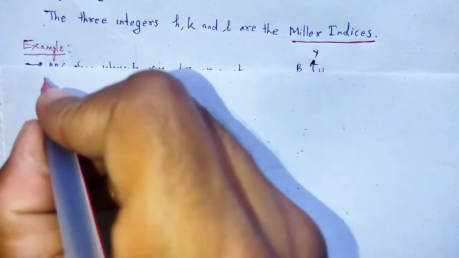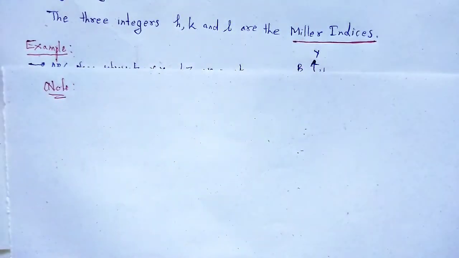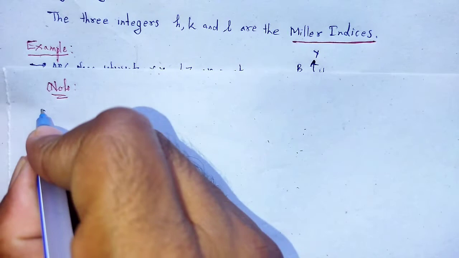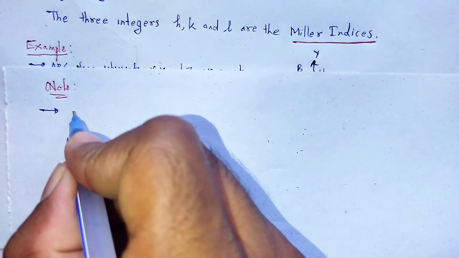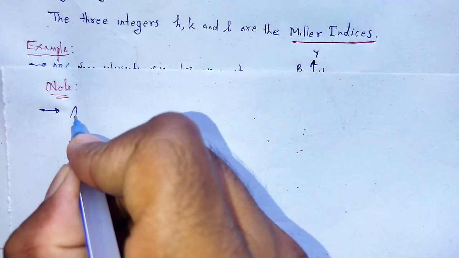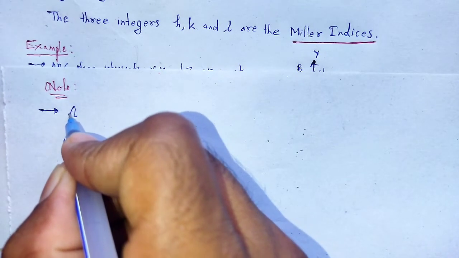Note that no commas are used when we are writing the notation of Miller indices.